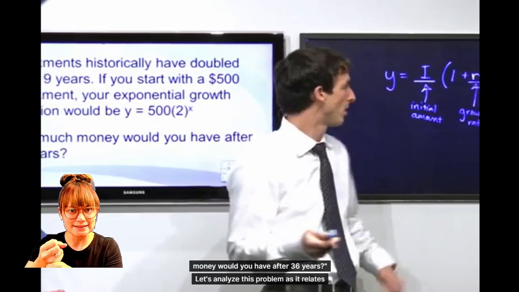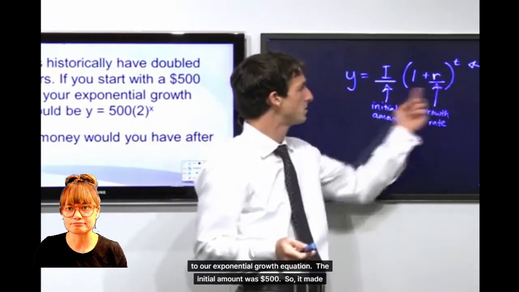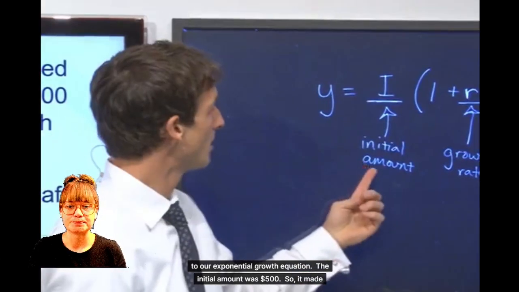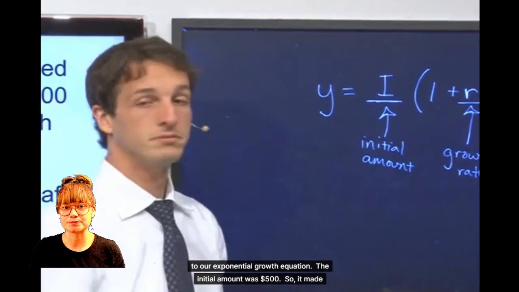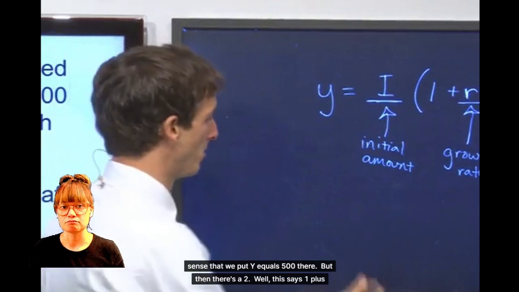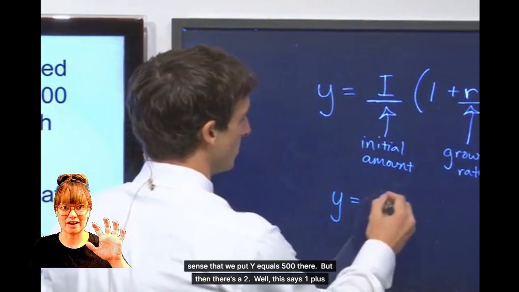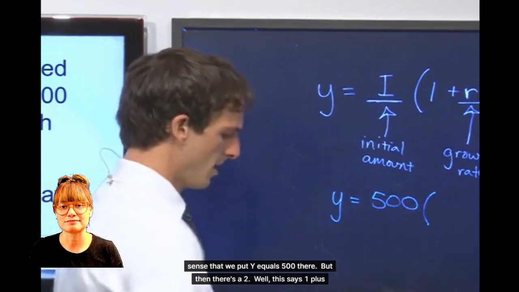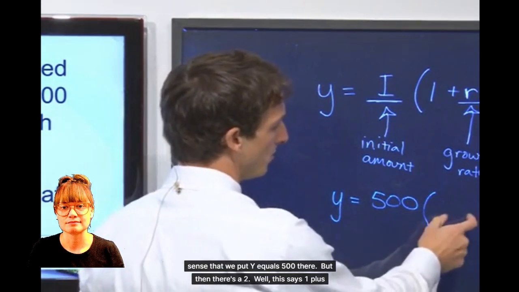Let's analyze this problem as it relates to our exponential growth equation. Our initial amount was $500. So that made sense that we put y equals 500 there. But then there's a 2.